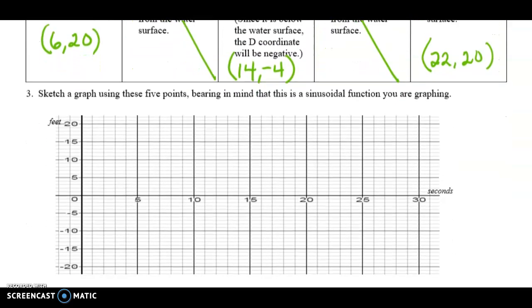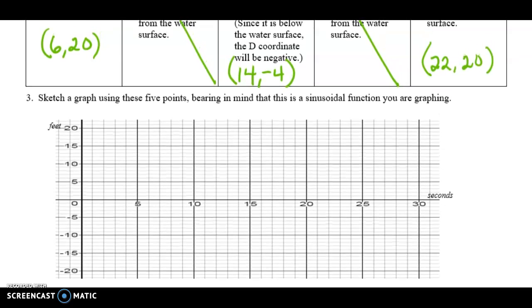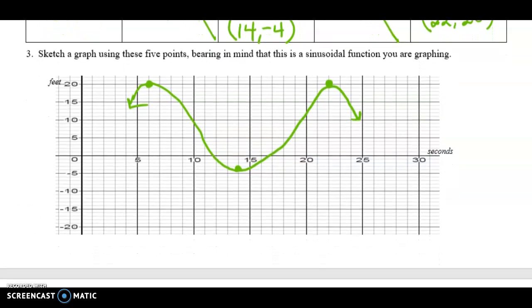Okay, now we will plot those 3 coordinates. (6, 20) would be here. (14, -4) is right in here. (22, 20). And we can draw our cosine curve. All right, there's our curve.